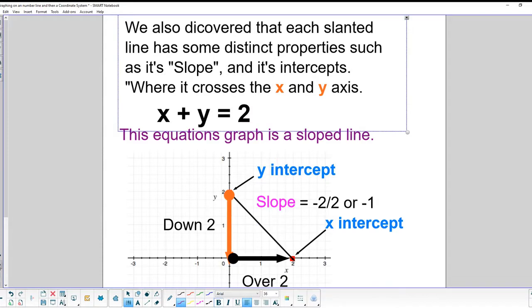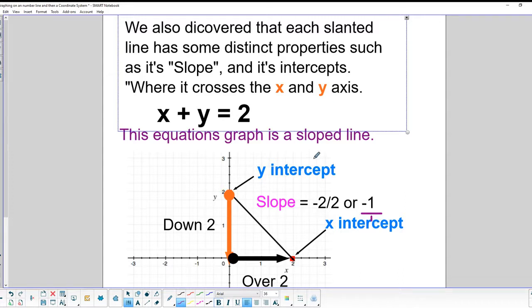We also discovered that each slanted line has some distinct properties, such as its slope and its intercepts, where it crosses the x and y axis. In this case, the slope is down 2 over 2, because those are a couple of points that we know on the line. Negative 2 over 2 simplifies to negative 1. We could also put 1 on the bottom, but that's not necessary.